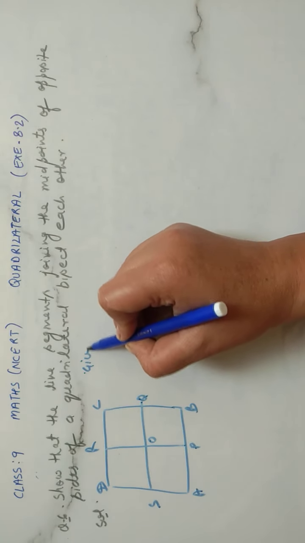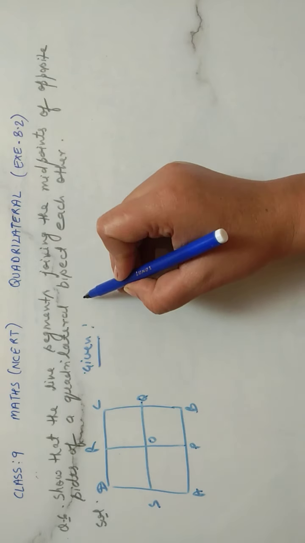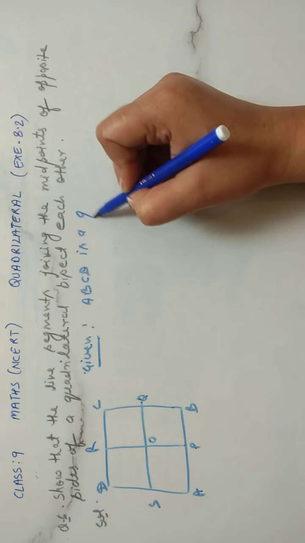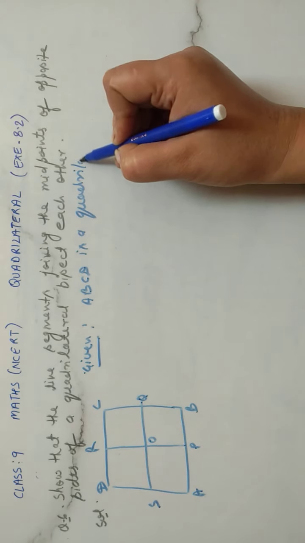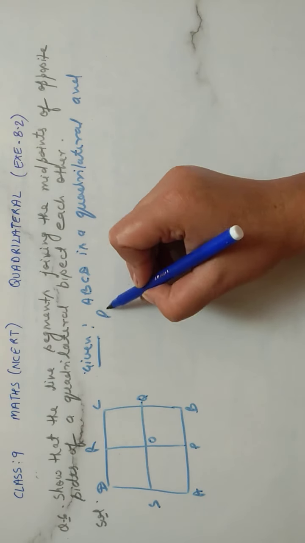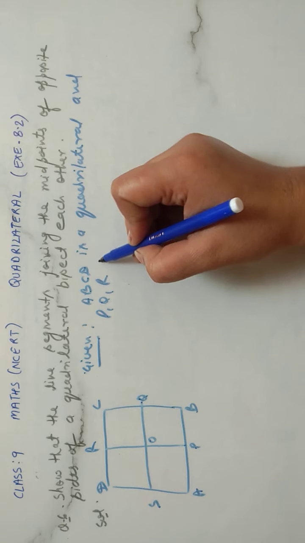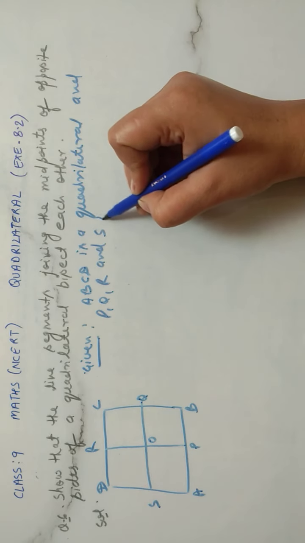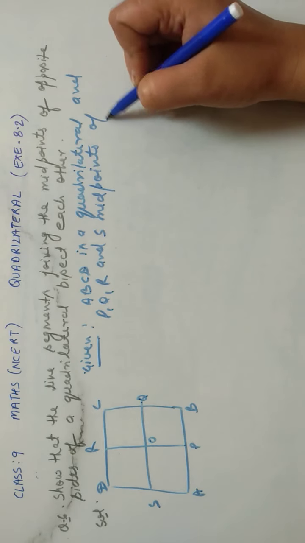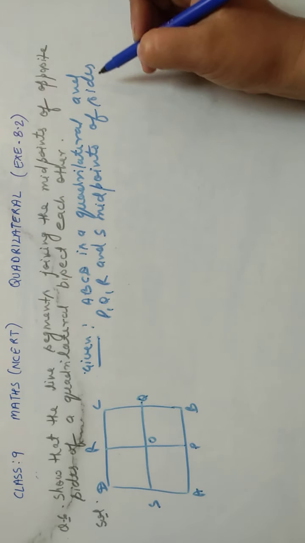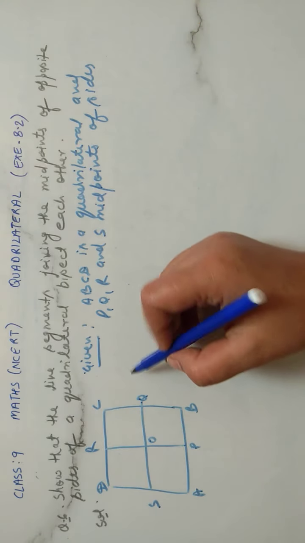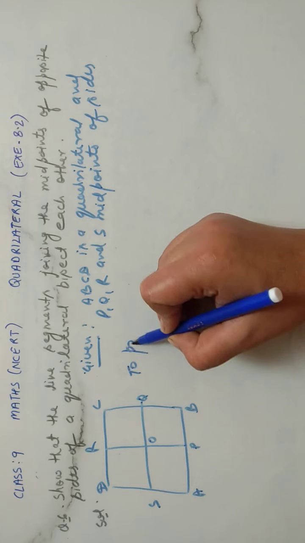What is given to us? ABCD is a quadrilateral, and P, Q, R and S are midpoints of sides AB, BC, CD and DA. They intersect at O. Now, what do we need to prove?